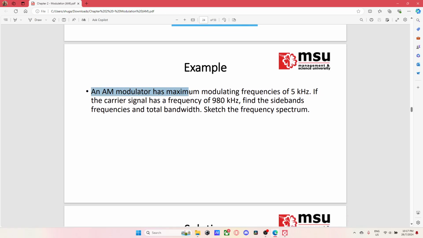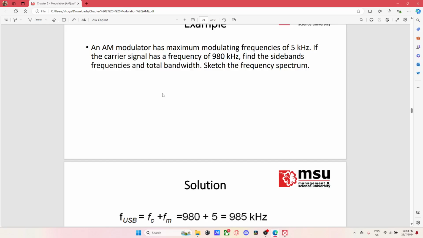Alright, let us see this example. An AM modulator has a maximum modulating frequency of 5 kilohertz. If the carrier signal is 980 kilohertz, find the sideband frequencies and the total bandwidth. Sketch the frequency spectrum. There are a few things we need to look at here.